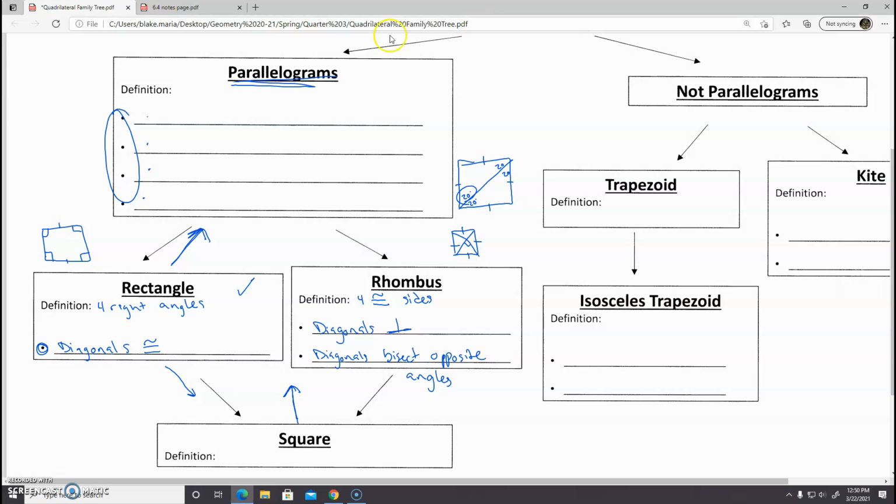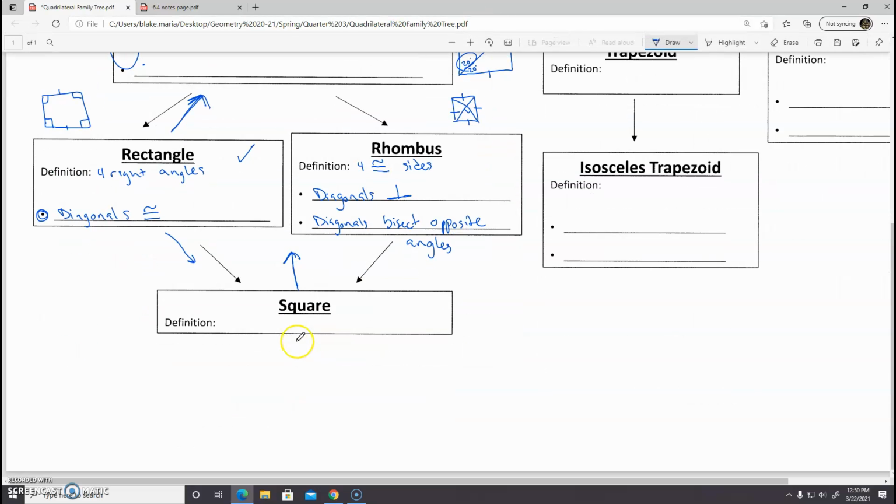And then if it's a rectangle and a rhombus, so if it has 4 right angles and 4 congruent sides, then yes, it's a square. And notice there's nothing special about square because square gets everything.